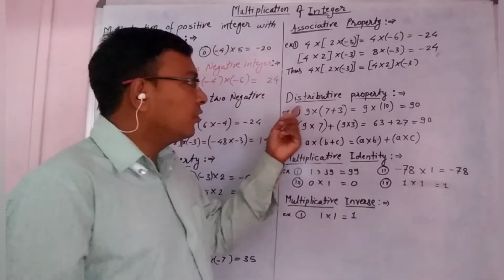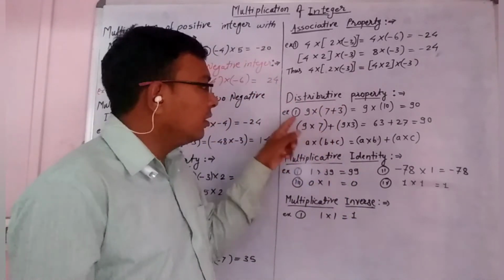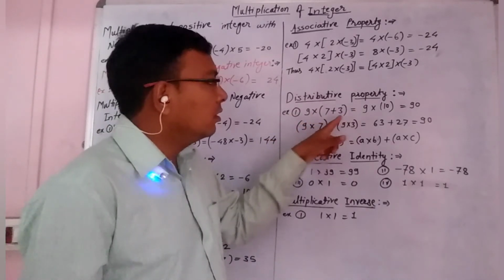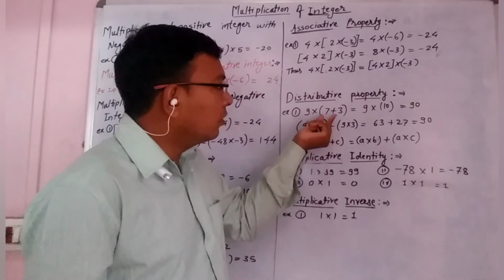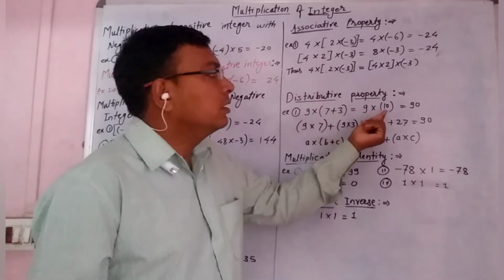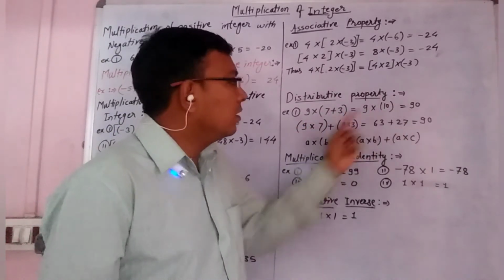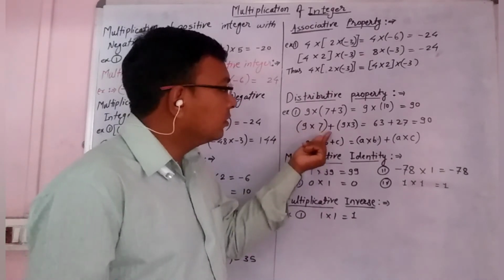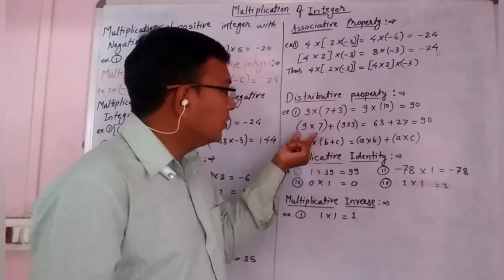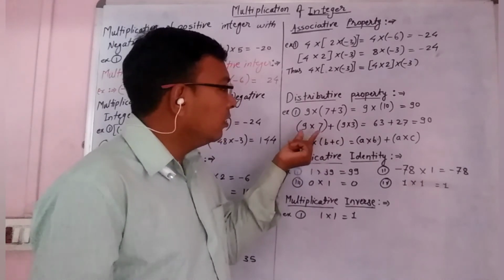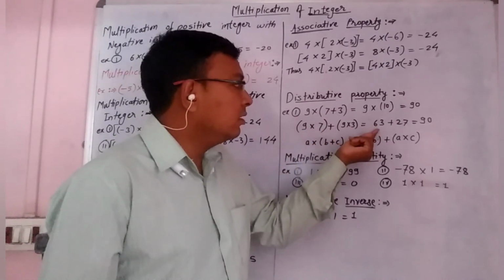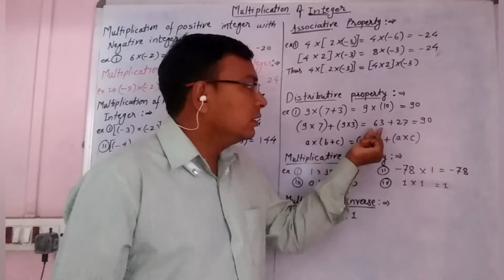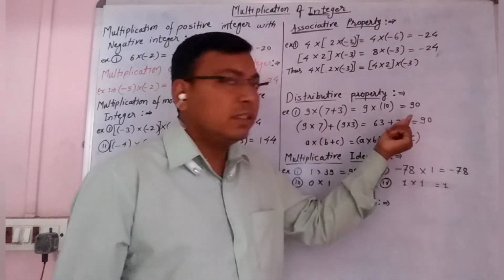Next, the distributive property. Here 9 into (7 plus 3). First we solve 7 plus 3, that is 10, and 10 into 9 is 90. Then the other way, 9 into 7 plus 9 into 3. 9 into 7 is 63, and 9 into 3 is 27. 63 plus 27 is 90.